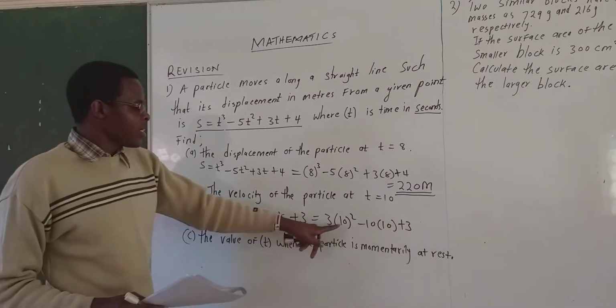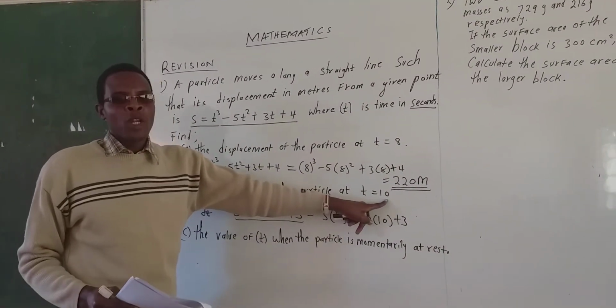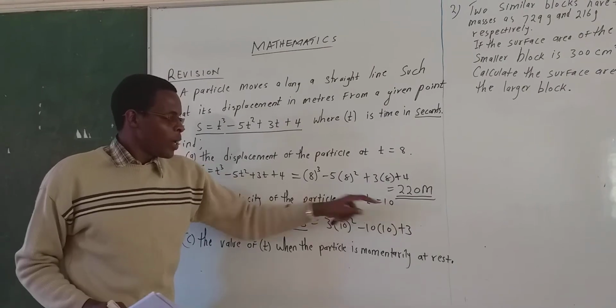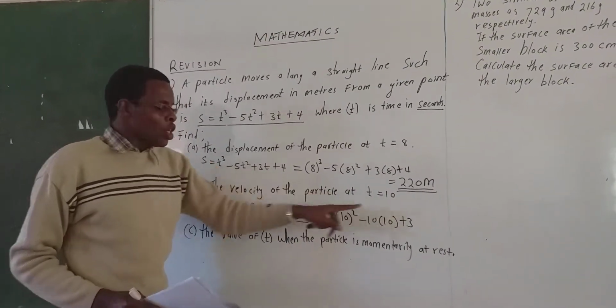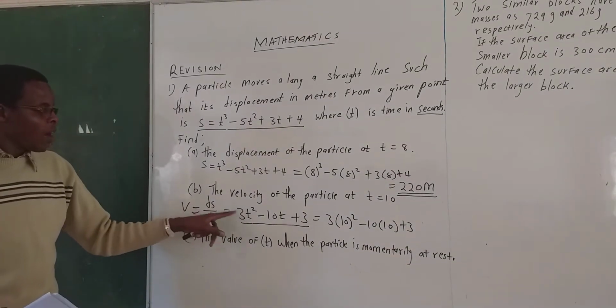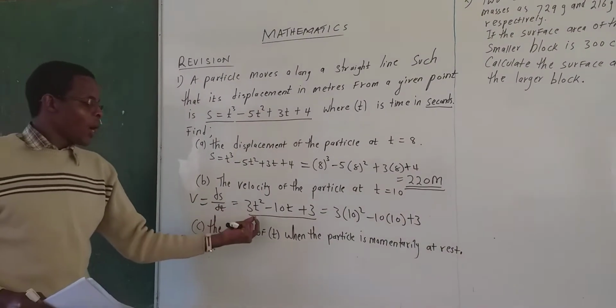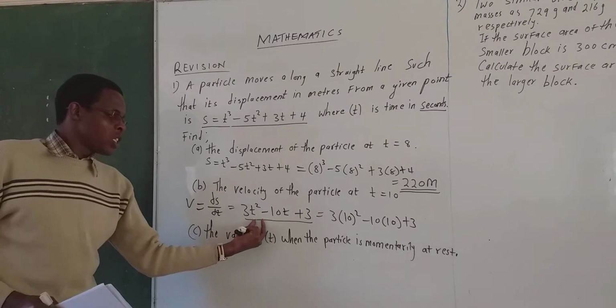This 10 is coming from what we have been given, where we are finding the velocity when t is equal to 10. So after differentiating to get your velocity equation, you come and substitute the value of t with 10.